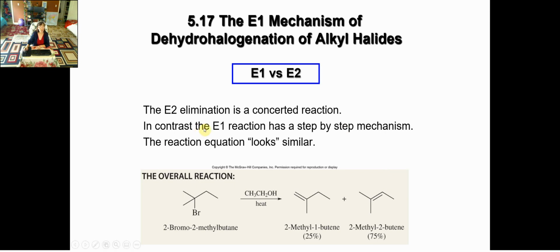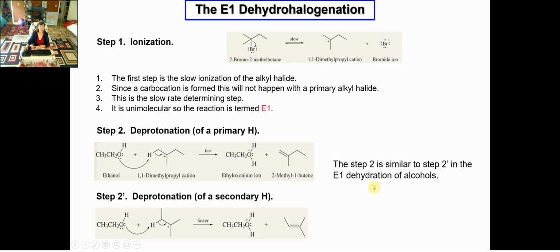So what's the difference between E2 and E1? In contrast of E1 and E2, the chemical reactions look very similar to each other, essentially identical. But in your E2 reaction, you only have 2 steps. In your E1 reaction, you actually have 3 steps.